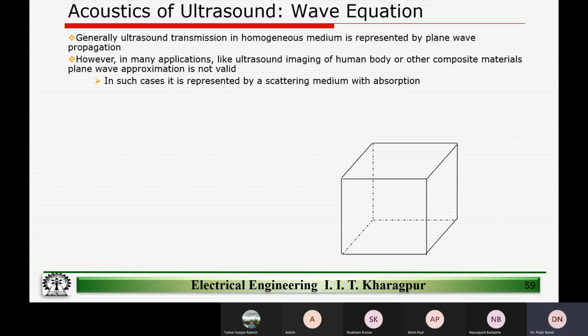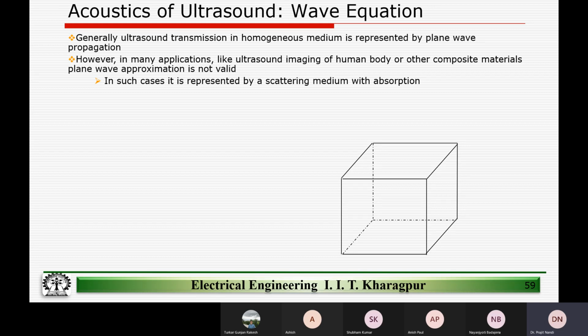So towards that goal, we started studying how sound waves behave while propagating in a medium. And we talked about longitudinal and transverse sound waves, right? Depending on the medium, it can be a longitudinal wave or a transverse wave.